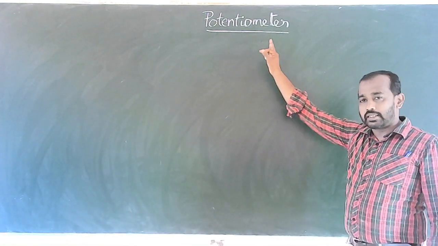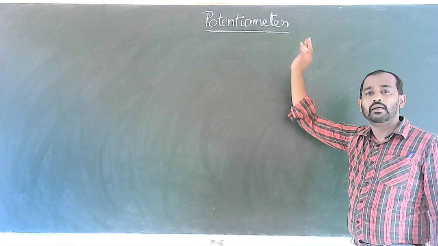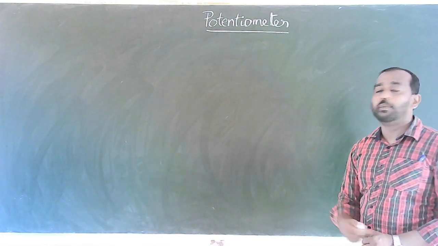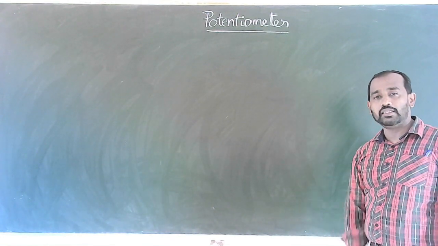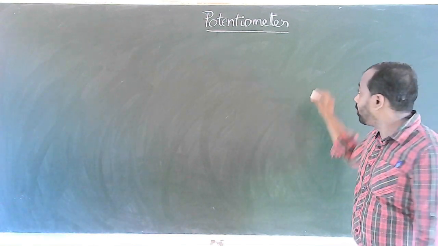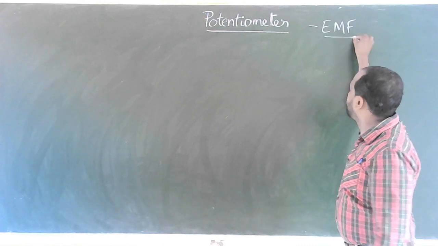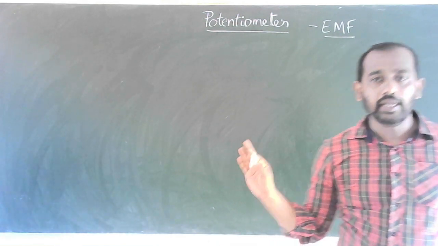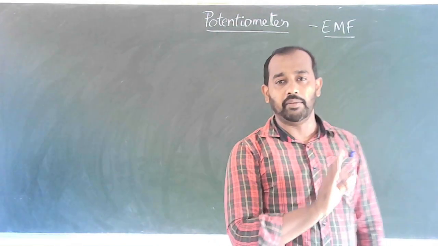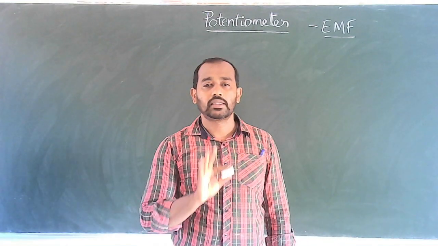First, let us understand what the potentiometer is. The potentiometer is a special device which is used for measuring EMFs. No other device can exactly measure the value of the EMF of a given cell.